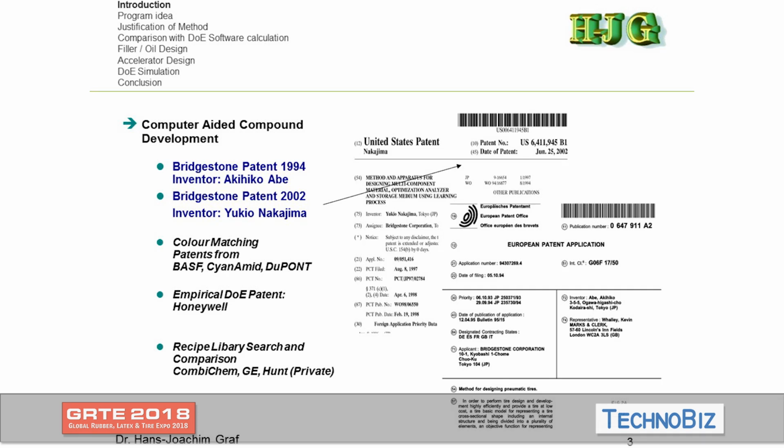So first of all, when we had already started our development, I investigated patent literature, and you see here a nice patent from a well-known company in the year 1904 and later in 2002, where obviously brilliant people in the industry thought a similar way and tried to go a similar way.